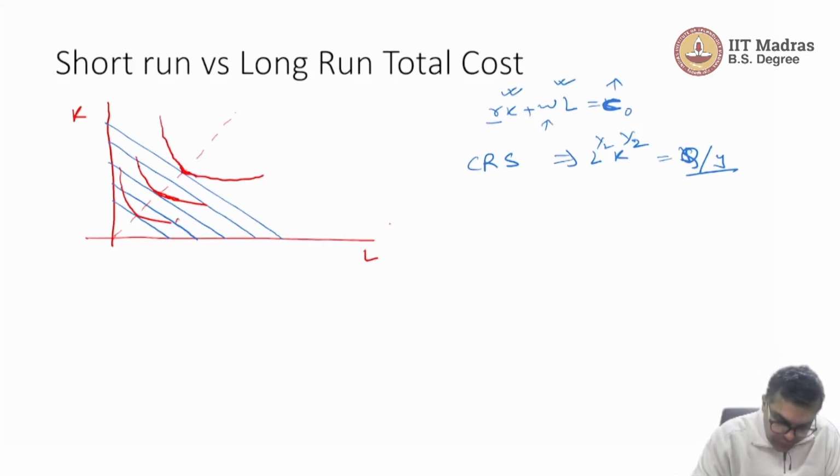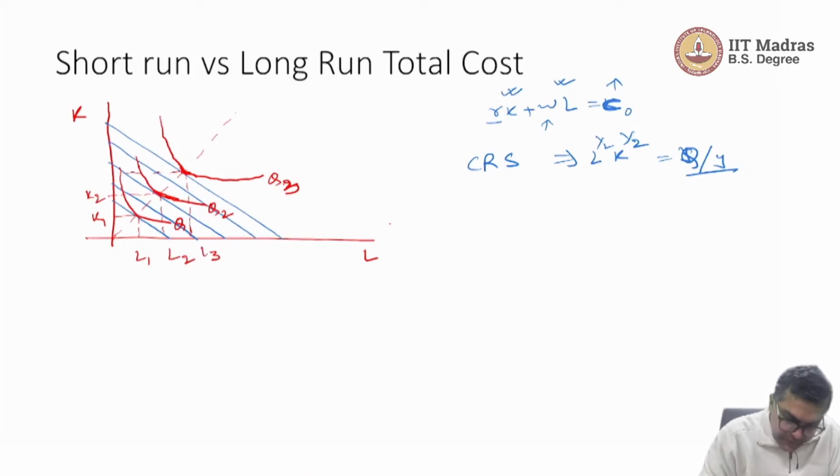So this corresponds to Q1, this corresponds to Q2, this corresponds to Q3, and this is the optimal level of labor and optimal level of capital for each.